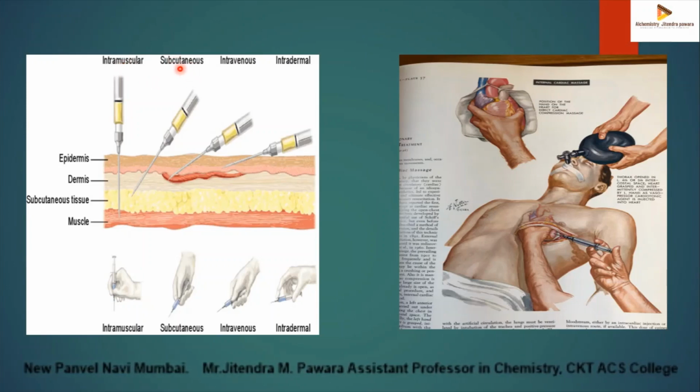This is subcutaneous: the injection is inserted into the subcutaneous tissue. This is intravenous: you insert the injection directly into the veins. Then intradermal: you insert the injection directly into the dermis.